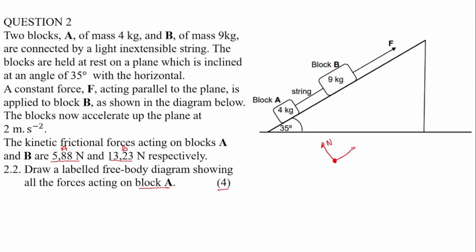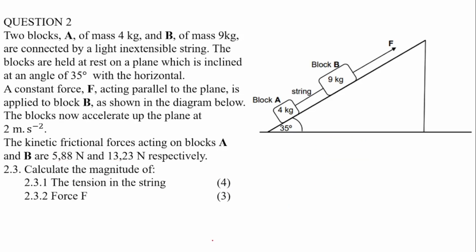That's tension, so we have our 2 marks. What else do we have? We have the frictional force. And then one more force that we need, the weight of the object. These are the forces that we have to indicate.